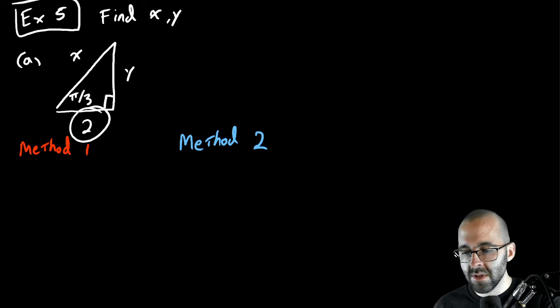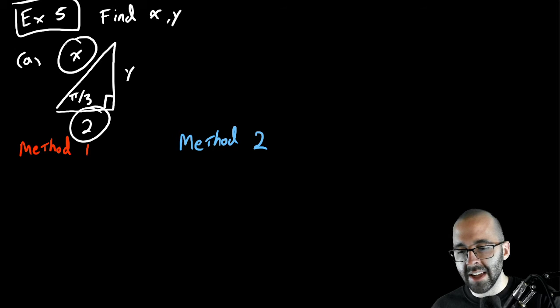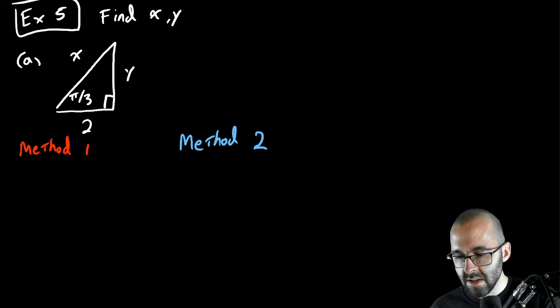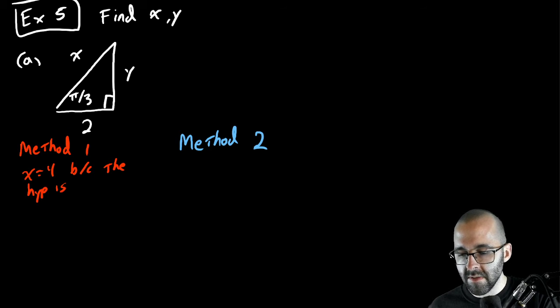So if this is 2, that has to be double that. That's going to say that x is equal to 4 because the hypotenuse is double the short side in a 30, 60, 90 triangle.